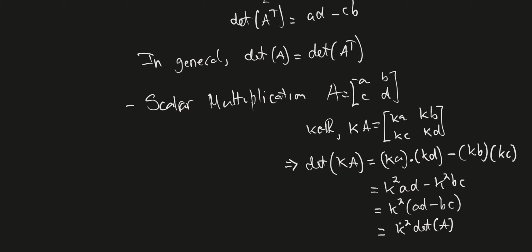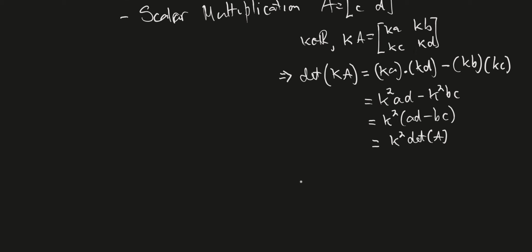So the question is, what does this property look like if you have a 3 by 3 or a 4 by 4? So let me show you a slightly more general idea. If we have, for instance, an n by n determinant, and each row is multiplied by this constant, it's going to look like this: K A11, K A12, and then dot dot dot K A1n, right?